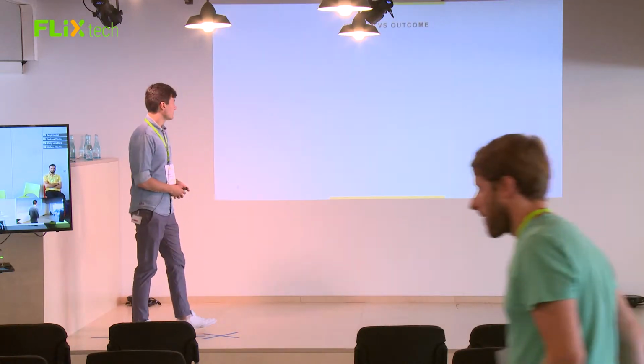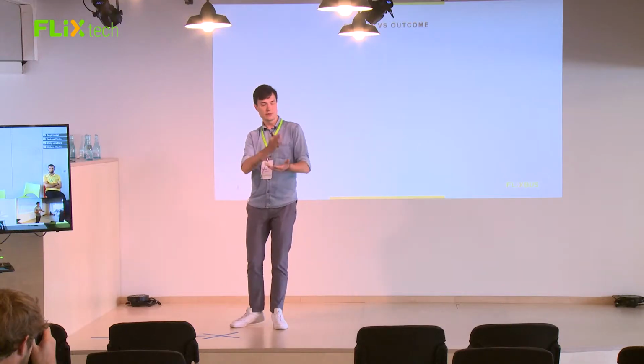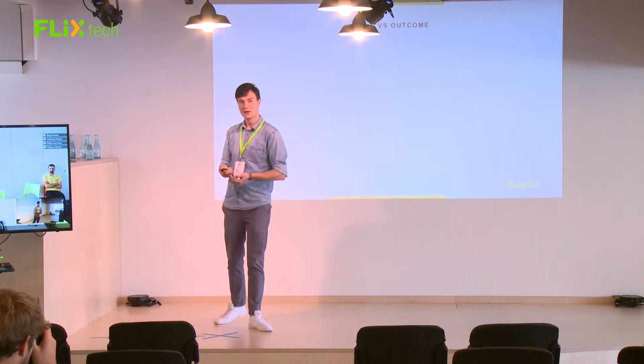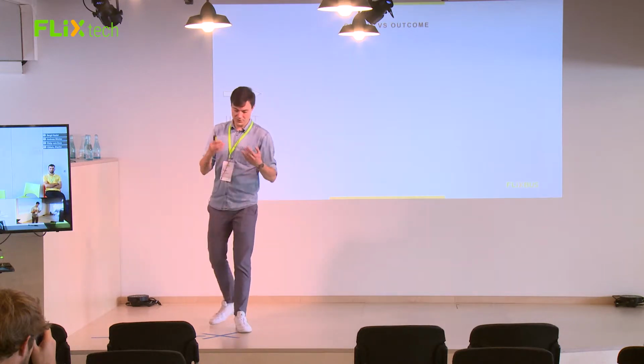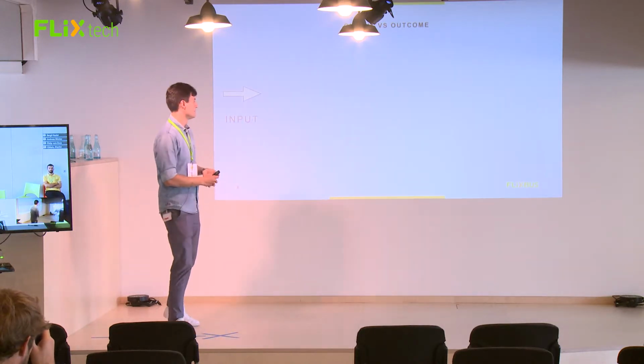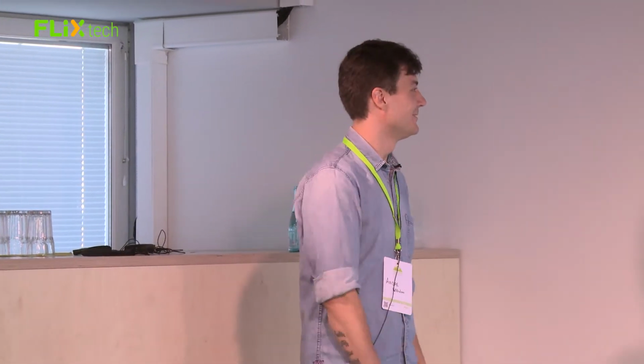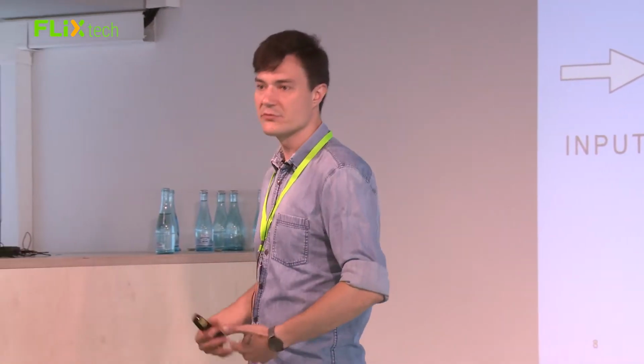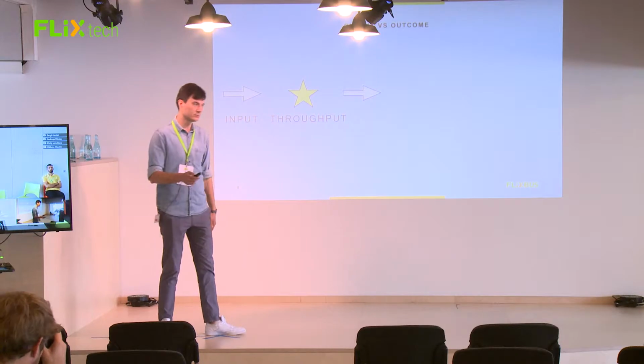But maybe we take a look, and I talked already about output and outcome. I noticed that it's not pretty clear for everyone where the difference is between those two. So the super basic is you have an input. Let's say it's a user story from Alex in Team Android. There is a throughput, which is the team working and creating code.